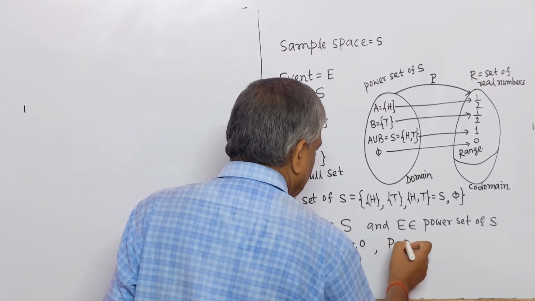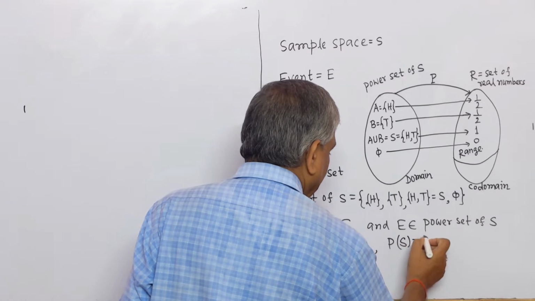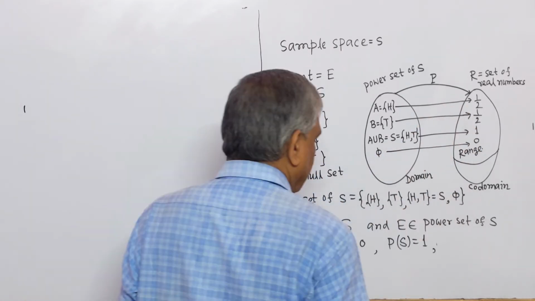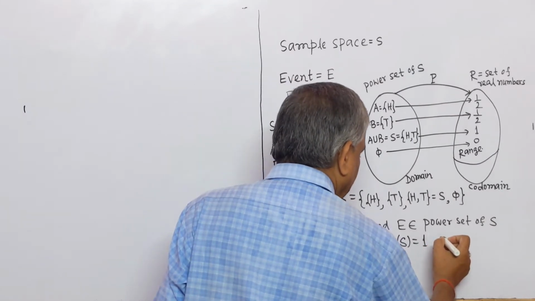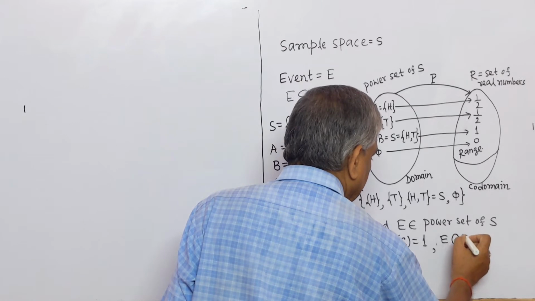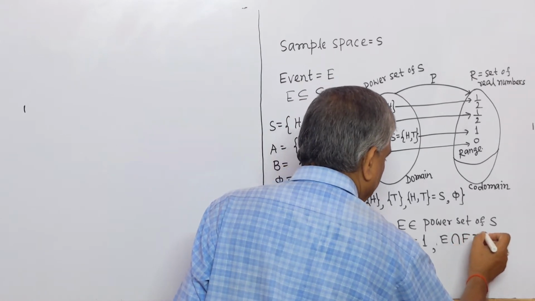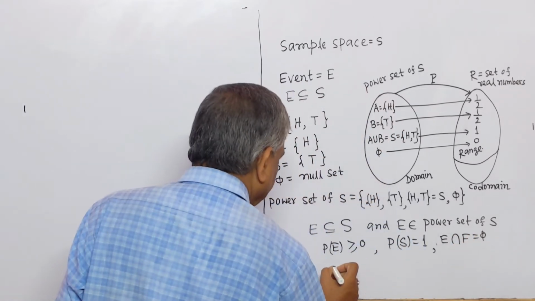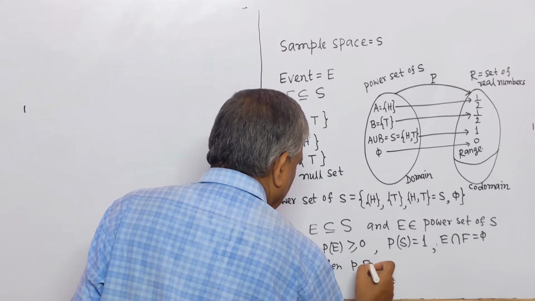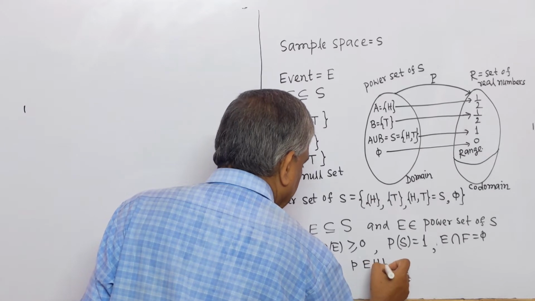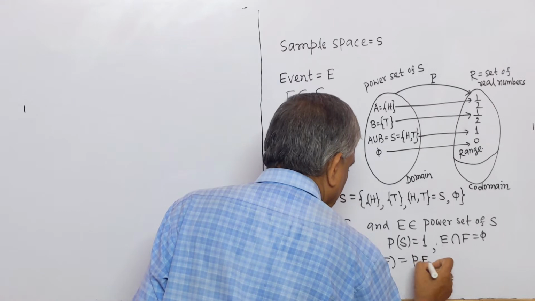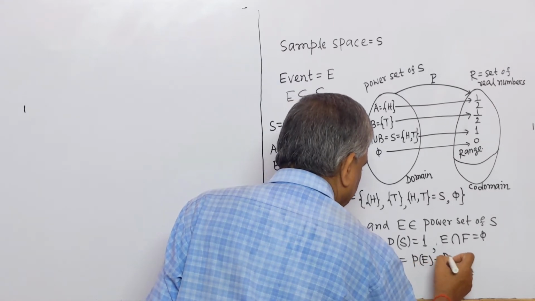Number 2, P(S) equal to 1. Image of S equal to 1. Number 3, if E and F are two mutually exclusive events, that is E intersect F equal to phi, then P(E union F) equal to P(E) plus P(F).